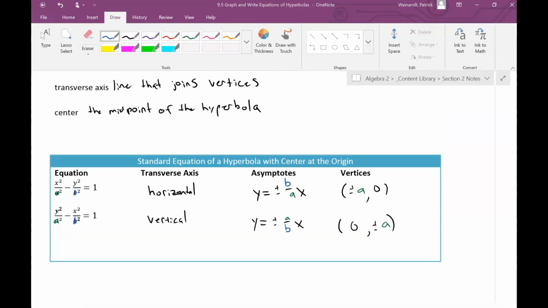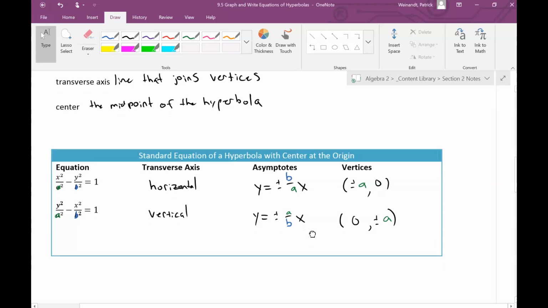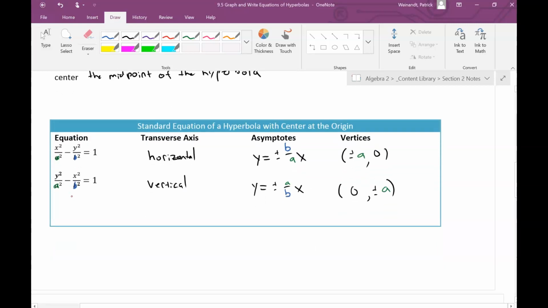Now you might be wondering where that c value comes into play, that focus, and we're going to talk about that now. So the focus is some distance c from the center, and it lies on the transverse axis.